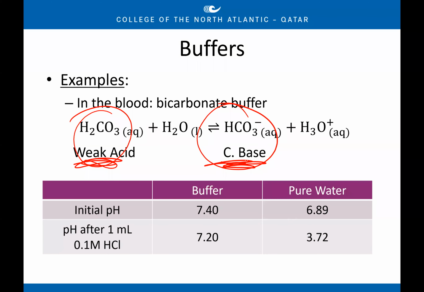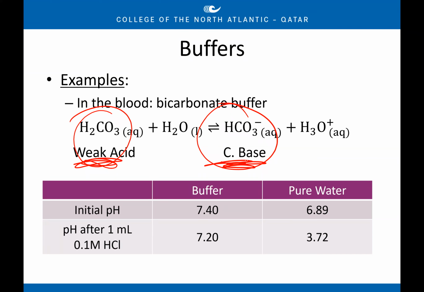So what happens is if an acid or base comes in contact with your blood, it fights back. If something basic gets introduced into your bloodstream, the weak acid, the bicarbonate buffer, reacts with it and neutralizes it. If something acidic comes in contact with your blood, the weak base, the hydrogen carbonate ion, reacts with it and neutralizes it.